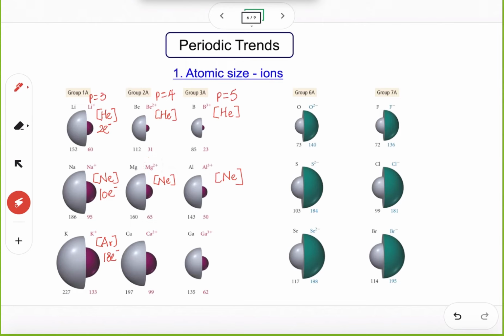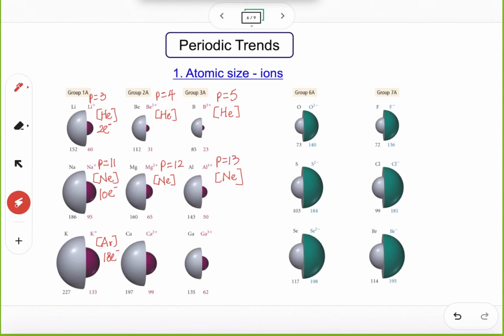Similar reason for the trend of sodium+, magnesium 2+, and aluminum 3+. All 3 of them have 10 electrons, neon, 10 electrons. Now, if you consider the number of protons, for sodium+, the number of protons is 11. For Mg2+, the number of protons is 12. And for aluminum 3+, it is 13.